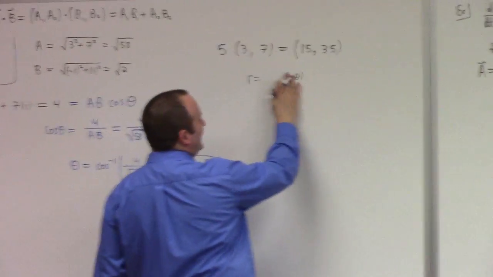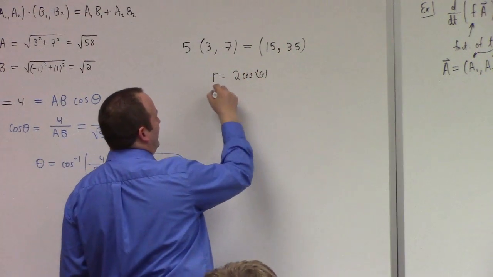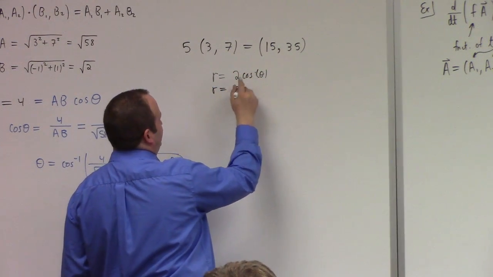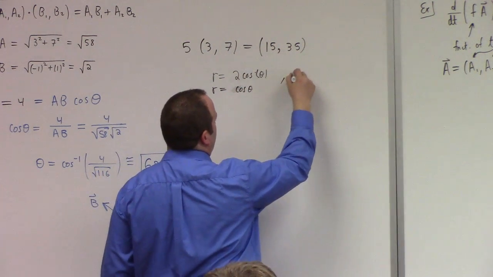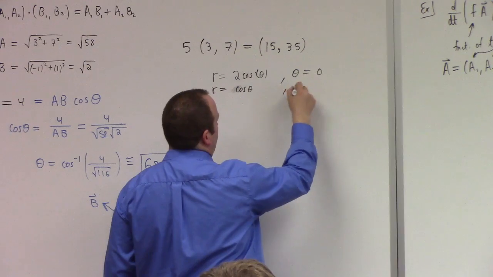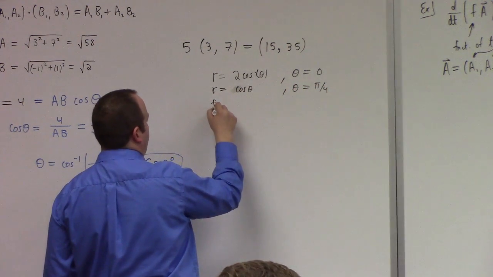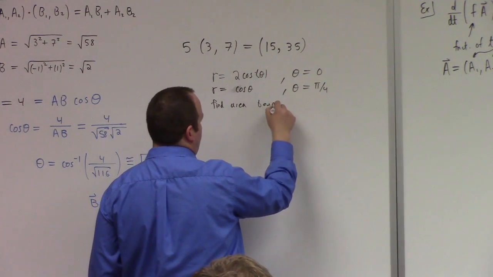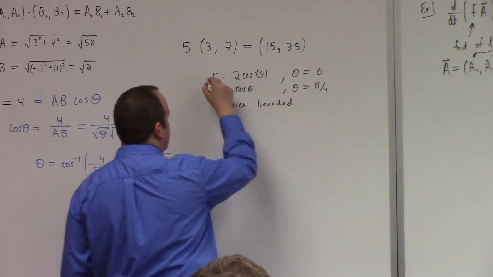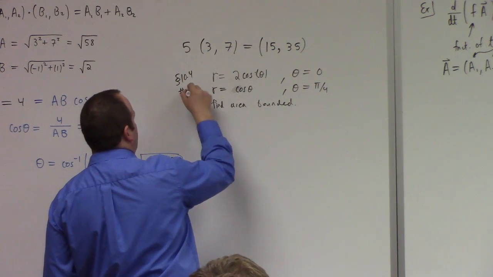That 2 inside or outside makes a big difference. So R equals 2 cosine theta, and R is equal to sine theta. Good grief. R is equal to cosine theta, as well as theta equals 0, and theta equals pi over 4. Find the area bounded by these. This is section 10.4, number 9.